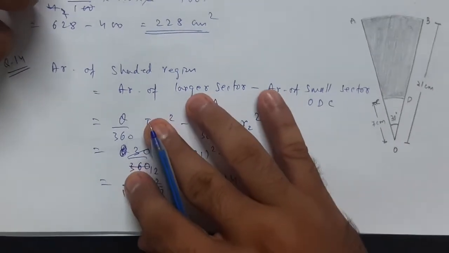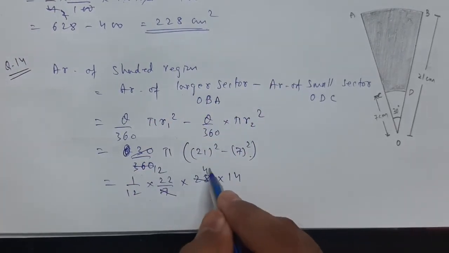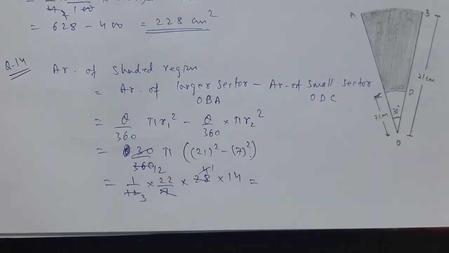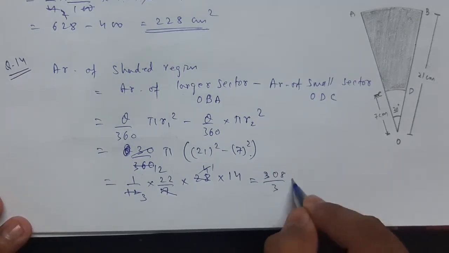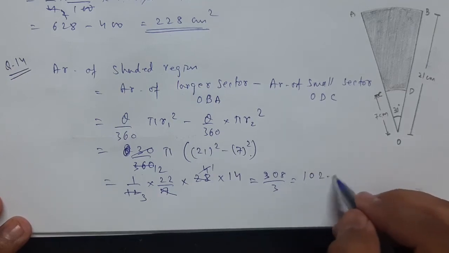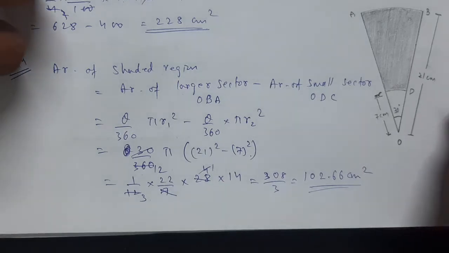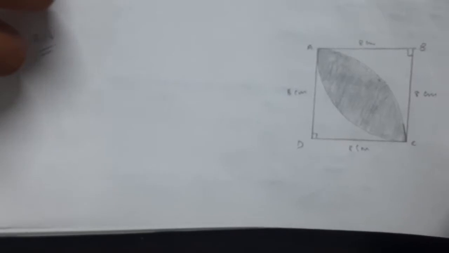A square minus b square is a plus b into a minus b, identity. 22 into 14, 308 divided by 3 will give you 102.66 centimeter square. So this was about question number 14. Let us move ahead with question number 15 now.